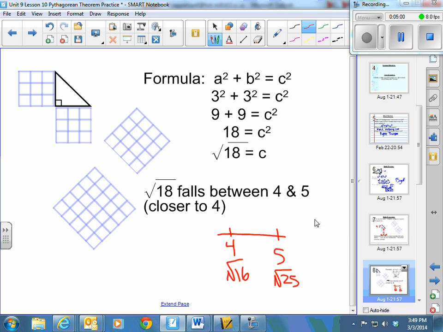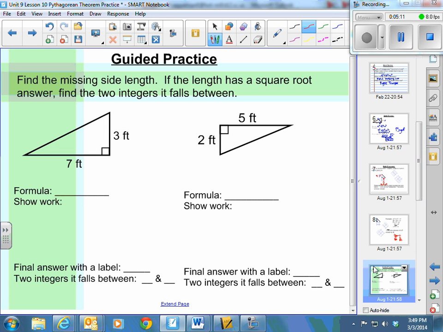And so we're going to have the square root of 18 being slightly over the square root of 16, so just slightly over 4. Alright, so let's look at a couple of examples where we're not going to end up with a completely perfect square.